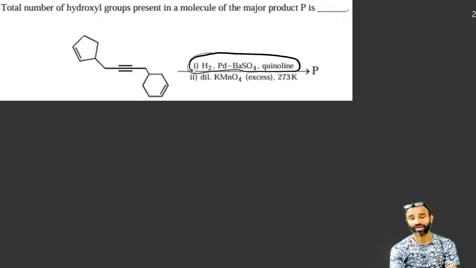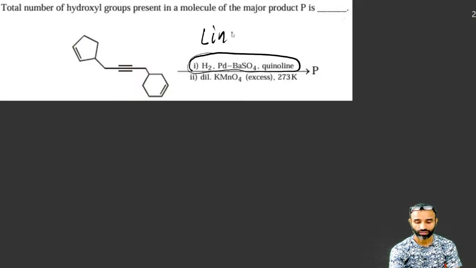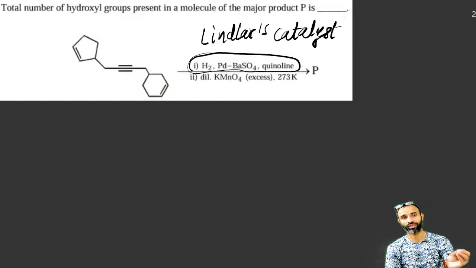It means alkyne is converted into alkene with cis structure. Unlike Birch reduction where we get trans product, this is called Lindlar's reagent or catalyst, and that will lead to the formation of cis alkene.